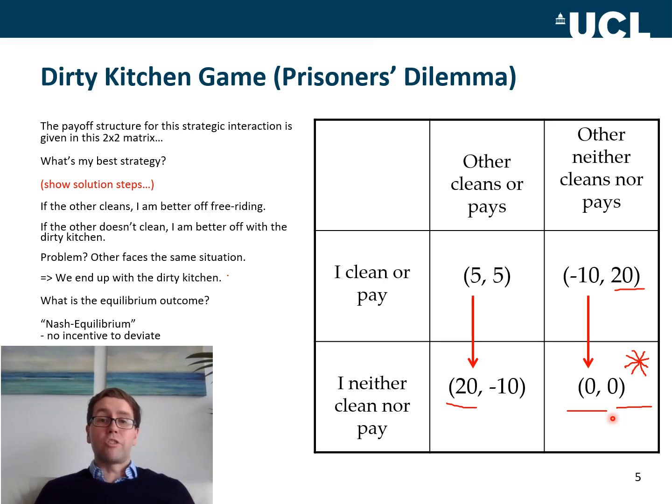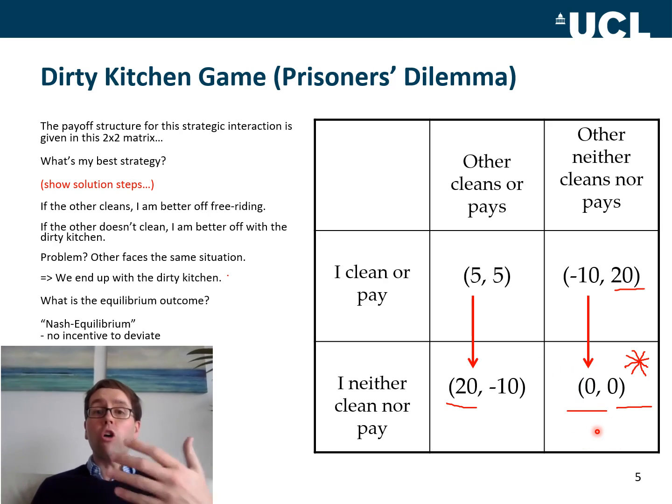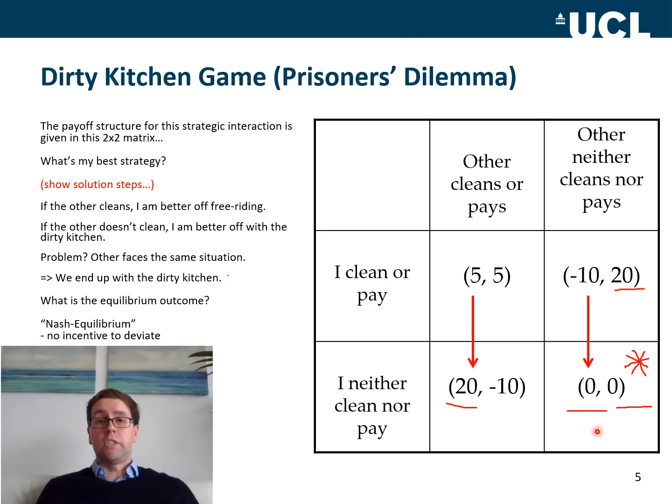Okay, so we're stuck in a way. And that's the dilemma. That's why it's a problem of cooperation, or the prisoner's dilemma, because we end up in the bad situation, although we would be better off if we could only agree on working together and cooperating.